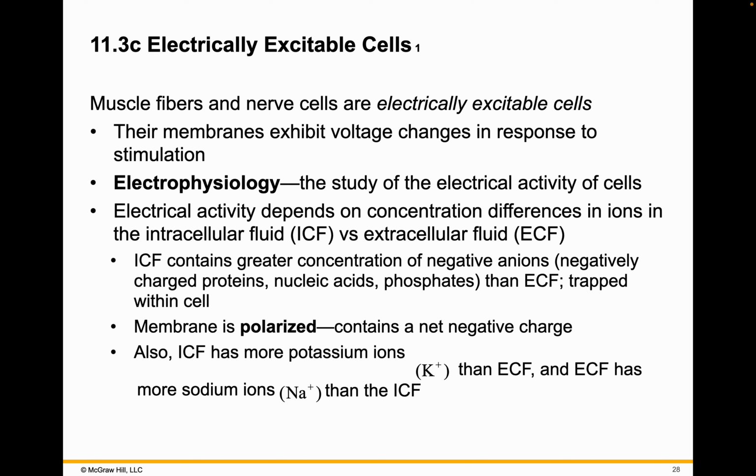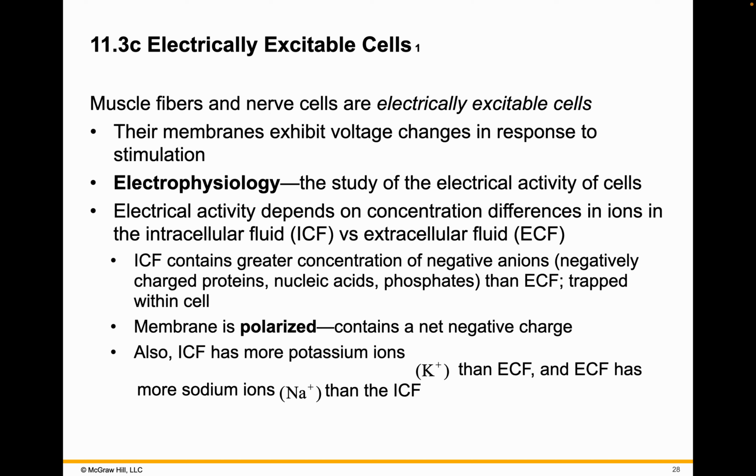Muscle fibers and nerve cells are both electrically excitable cells. Their membranes exhibit voltage changes in response to stimulation. This is electrophysiology, the study of the electrical activity of cells. The electrical activity depends on the concentration differences of ions in the intracellular fluid and the extracellular fluid.